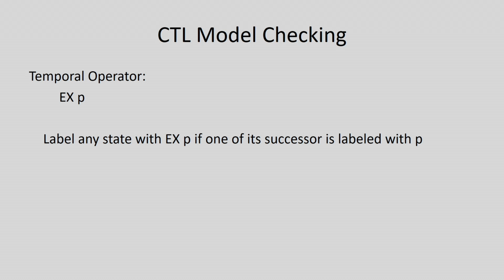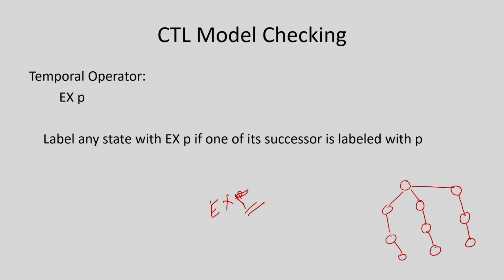So, label any state with EXP if one of its successors is labeled with P. Now, first of all, if we consider any system and look at this formula EXP, what will happen? First of all, we must know the labeling of the atomic proposition P. Say these are the two states where P is true, and in all other states P is false.